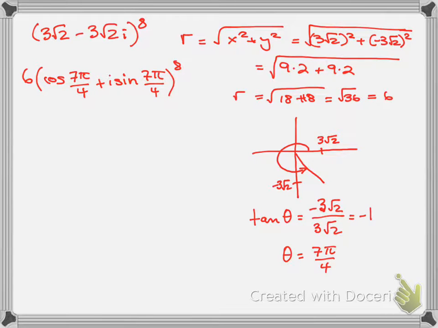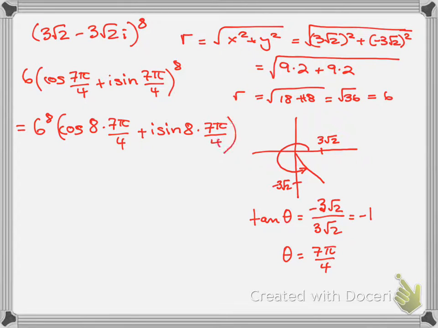So using De Moivre's theorem now, we raise 6 to the 8th power times the cosine of 8 times 7 pi over 4 plus i sine of 8 times 7 pi over 4.